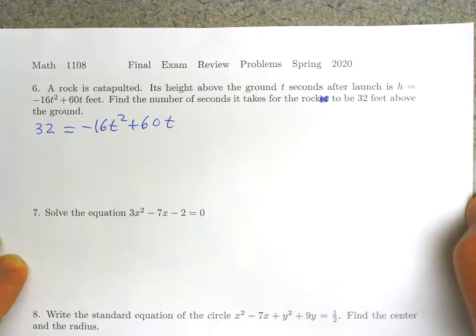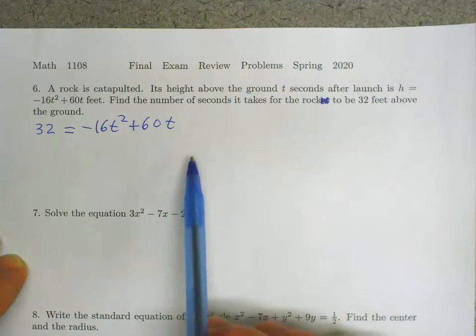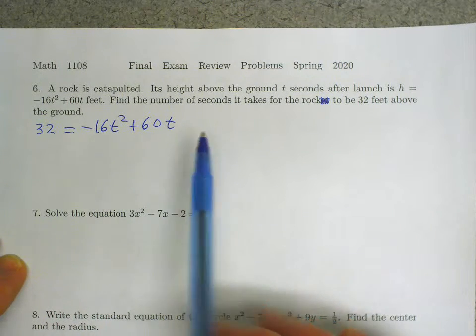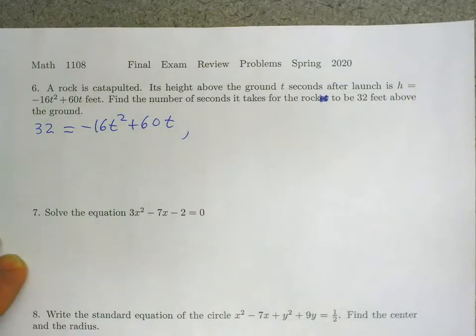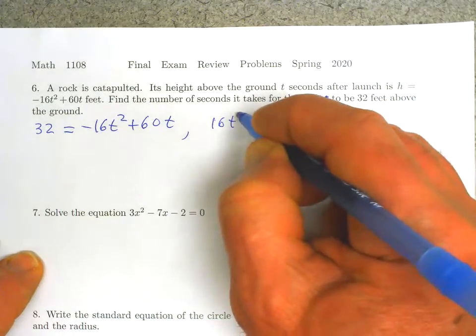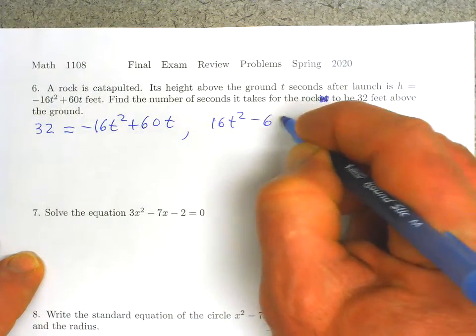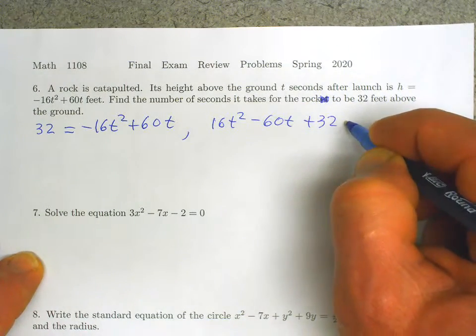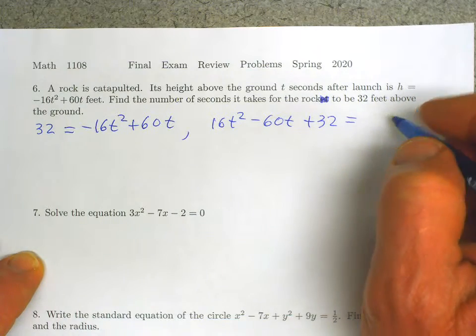This is just a quadratic equation. So we'll make the right-hand side 0. We'll add 16t squared to both sides and subtract 60t from both sides. And we get this standard form of a quadratic equation.